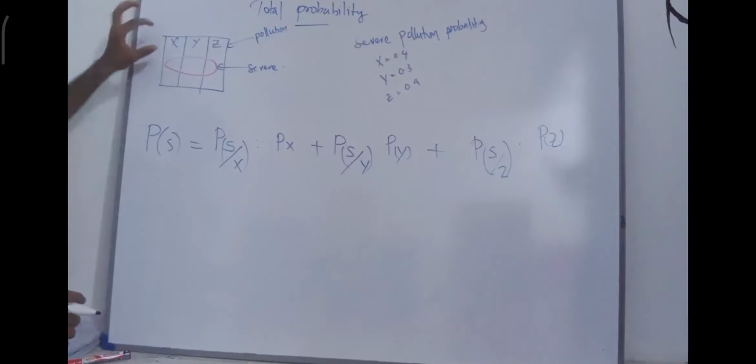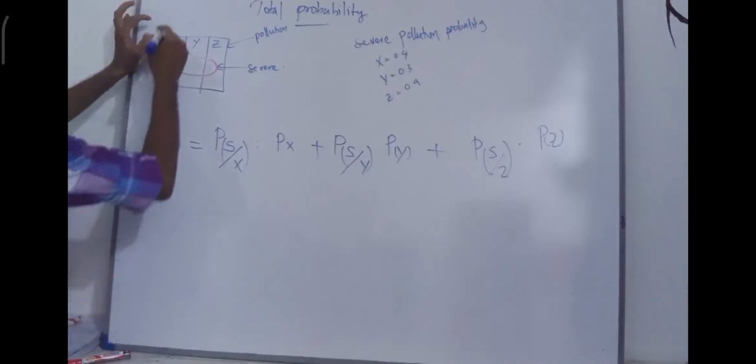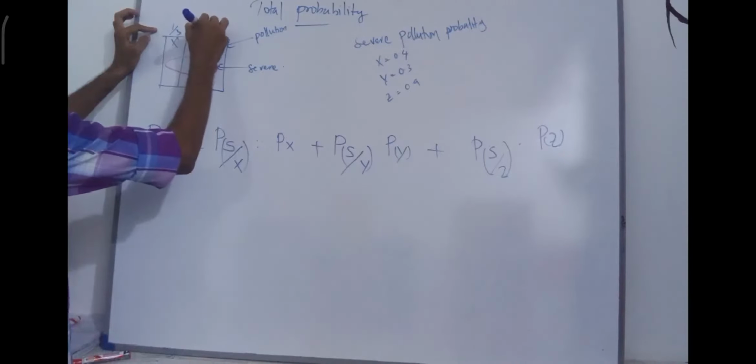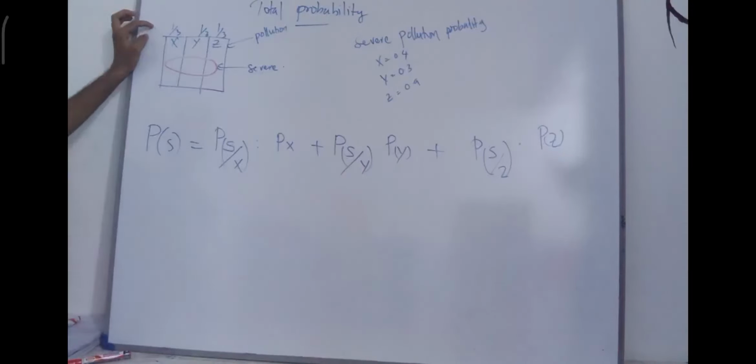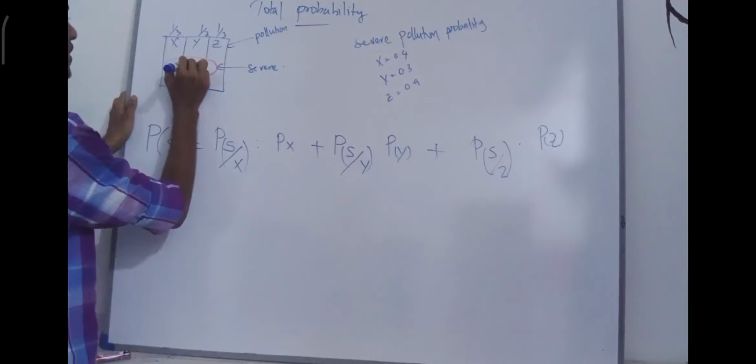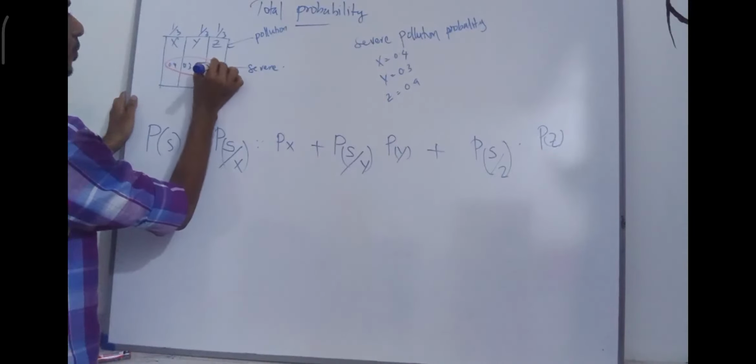Just look at this one. Now I randomly take the cities, so the probability of X is 1/3, this is also 1/3, this is also 1/3. Severe pollution is also given: this is 0.4, this is 0.3, and this is 0.9.